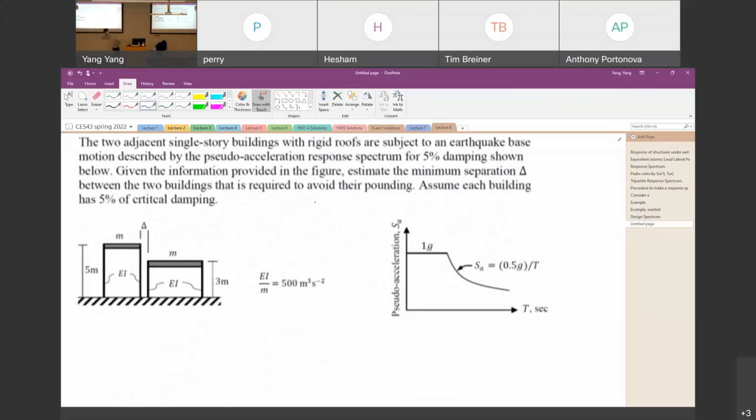So what is the stiffness of the frame? If we have a rigid floor, what is the stiffness in this case?